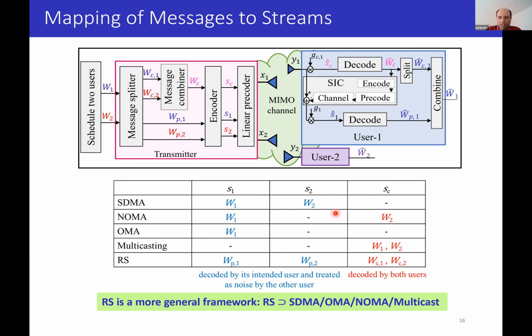Or you can have something that is strictly different from any of those multiple access strategies. So you see from this very simple example that rate splitting is a more general framework that encompasses SDMA, OMA, NOMA, and multicast as particular cases.